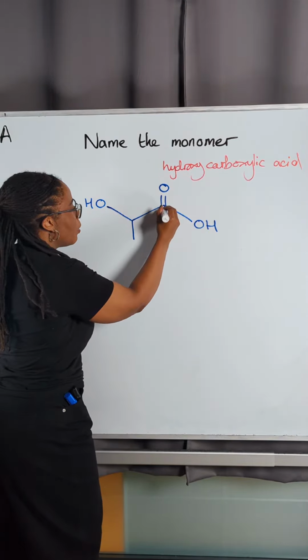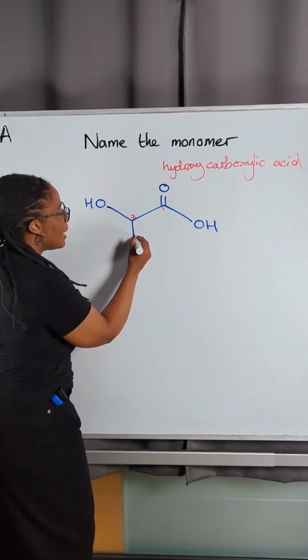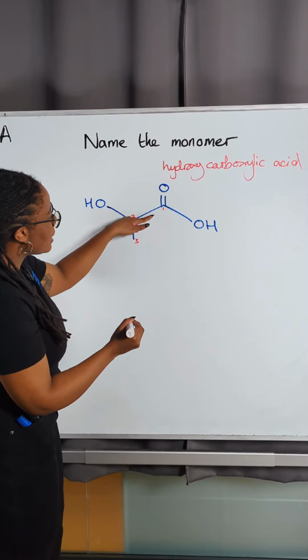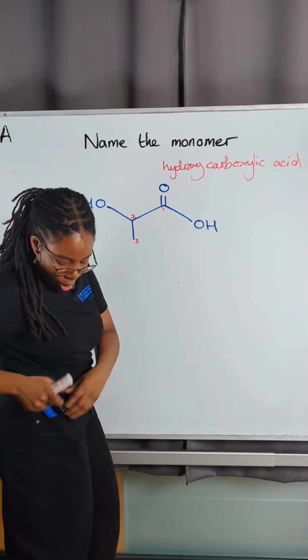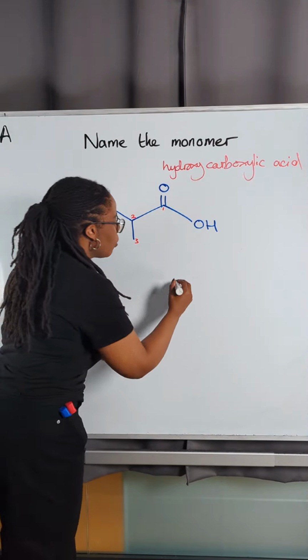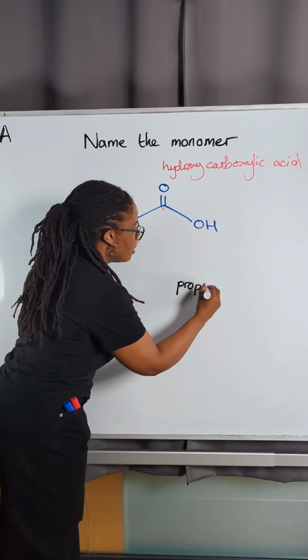If we take this as carbon number 1, carbon number 2, and then as an unbroken chain, this is still carbon number 3. So this would be based on propanoic acid.